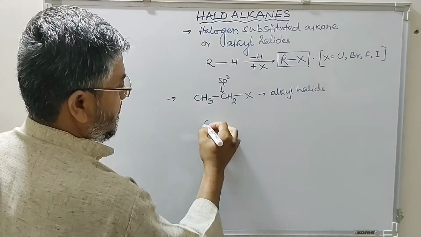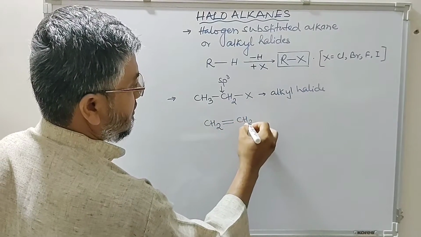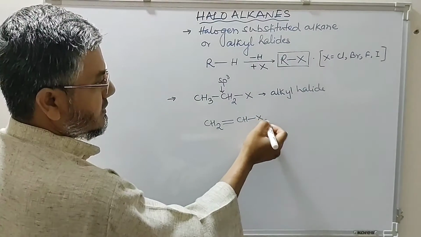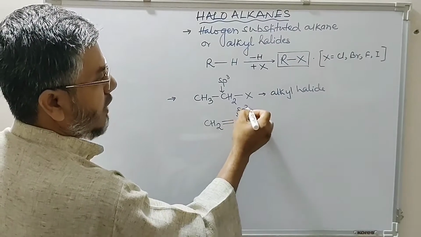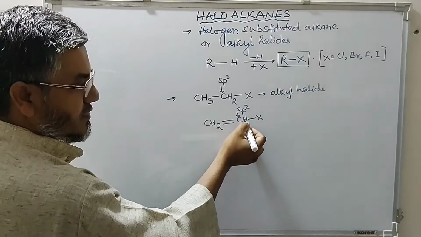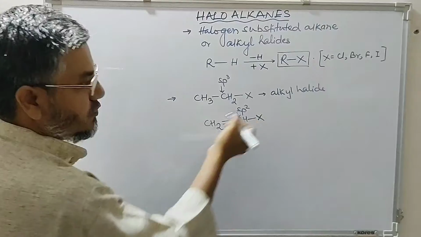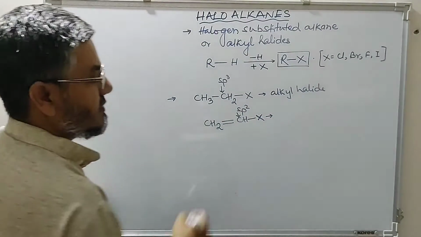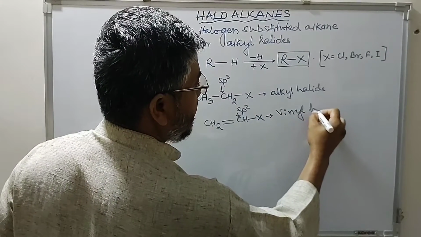Look at this, CH2 double bond CHX. Now the halogen is attached to an sp2 hybridized carbon. We have a double bond here. So if the halogen is attached to an sp2 hybridized carbon, these types of halides are known as vinyl halides.